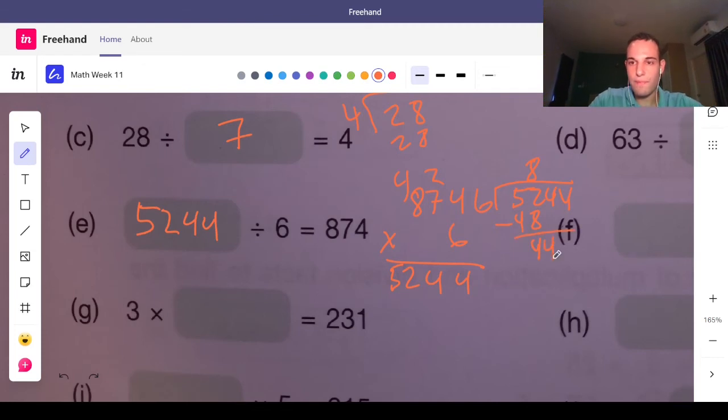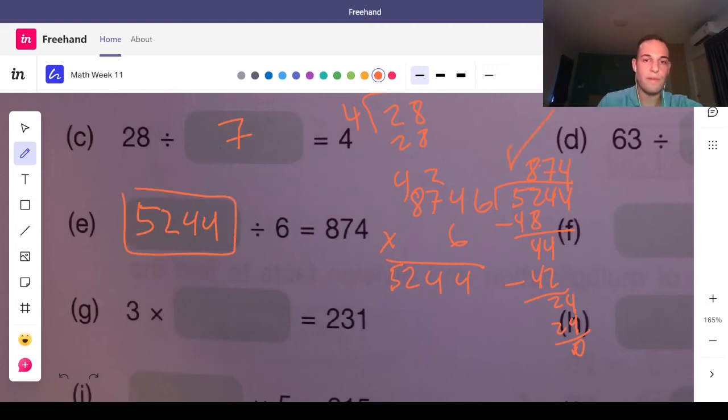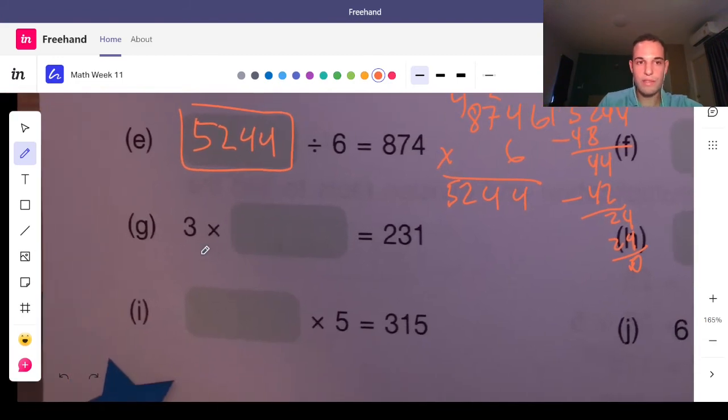So we have 44. 6 goes into 44 7 times. 44 minus 42 is 2, and we have 24. 6 goes into 24 4 times. And we are left over with 0. So that is correct. Our answer is 5,244.